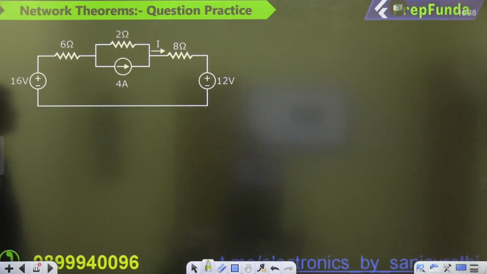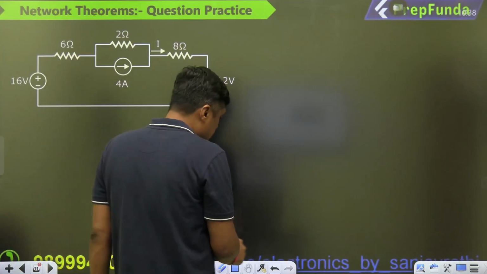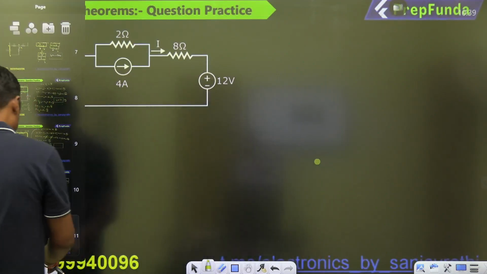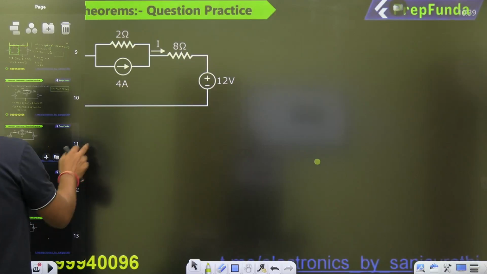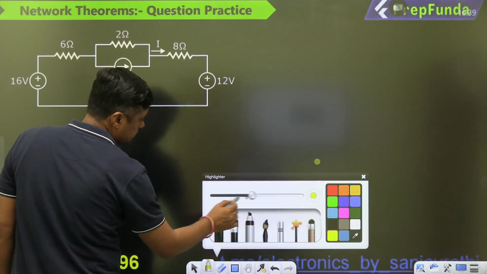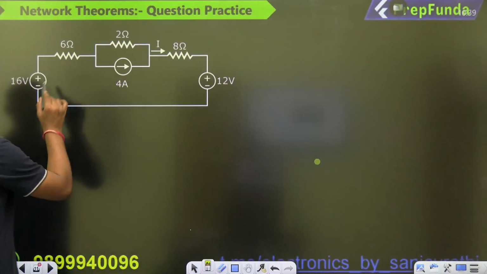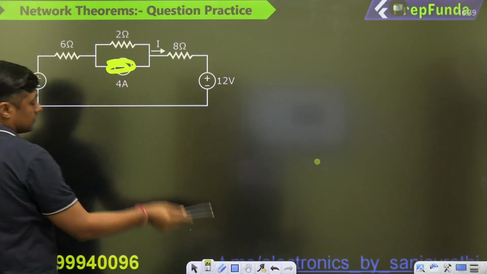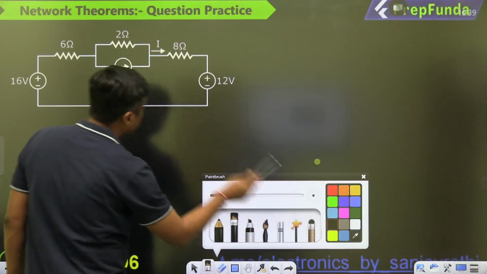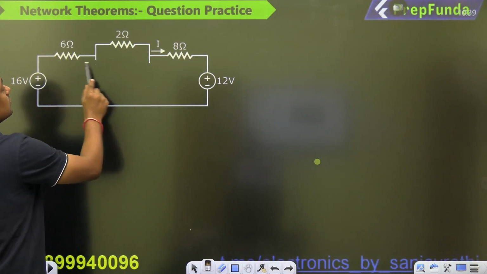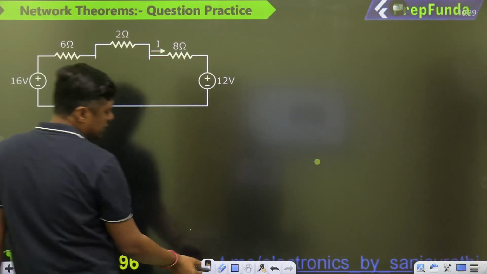So guys, I am giving you the hint. Superposition theorem means you have to draw 3 diagrams: first, second and third. First, make the current source 0, which means open circuit, and make the voltage source short circuit.